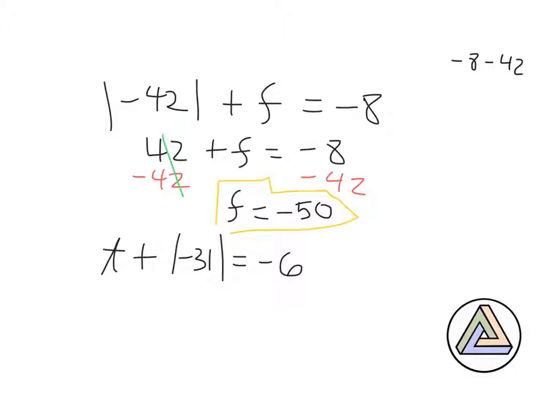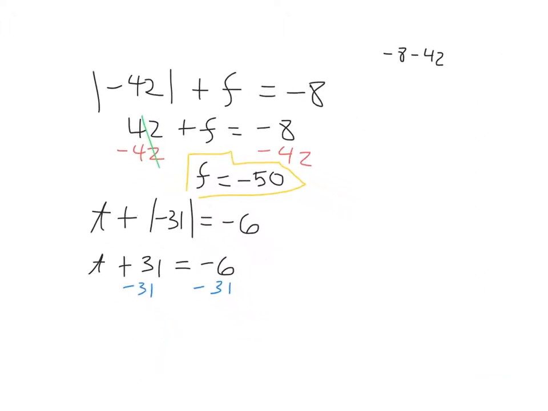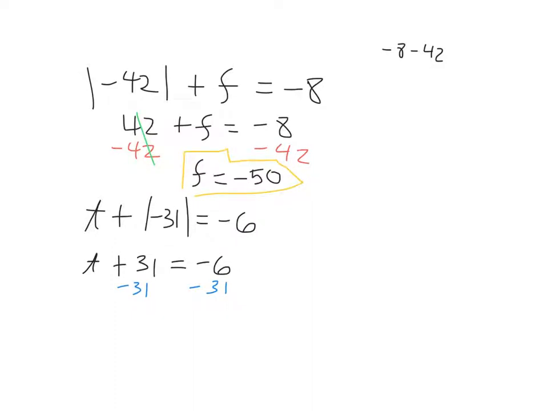All right, so the way that one works is t plus 31 equals negative 6, because the absolute value just turns that into a positive. In order to get t by itself, we've got to subtract that 31 from both sides. And what happens as a result of that? Well, when we subtract 31 from both sides, it's amazing. It becomes t equals, okay, what do we have over here?